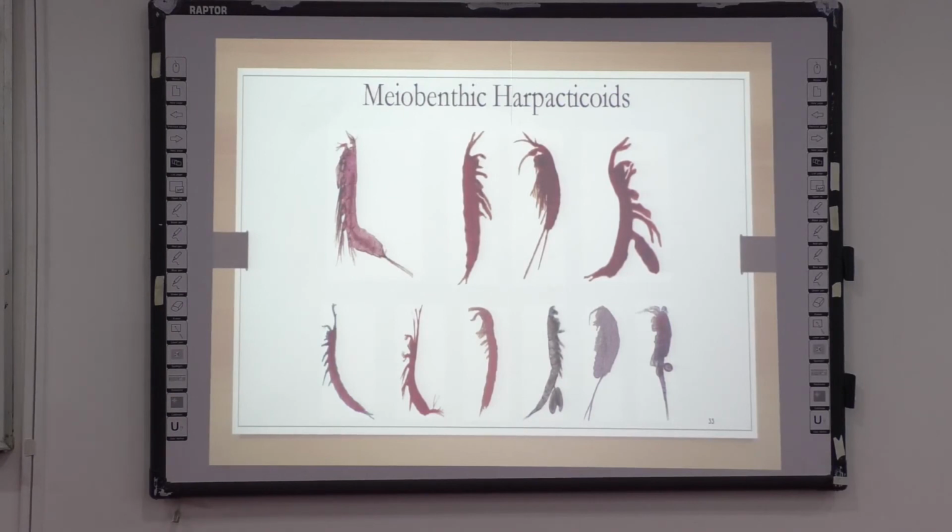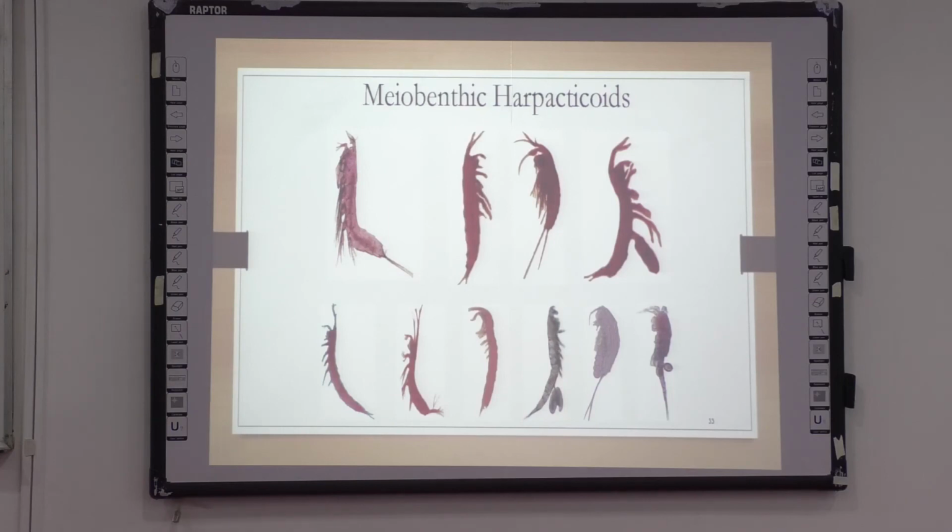There are harpacticoids which are meiobenthic also, that is, they exist in soil sediments and live in the interstitial water. Based on their life in the interstitial water, in the sand sediments, their body structure is modified. Anyhow, their size is highly reduced.